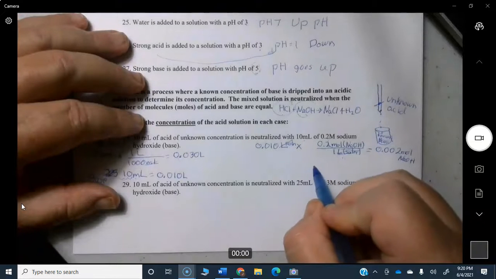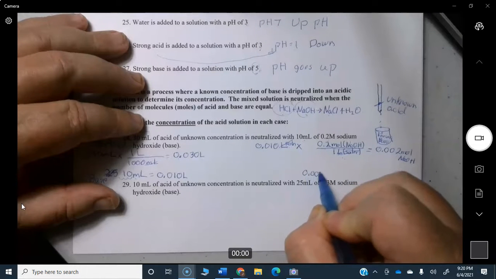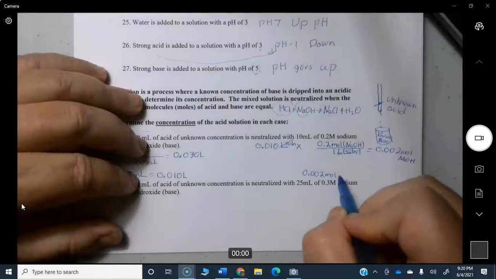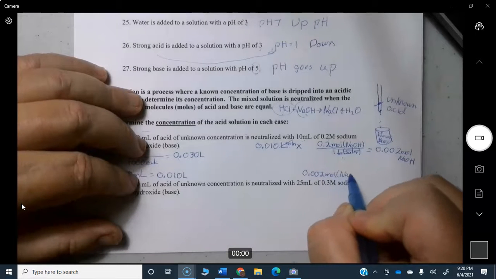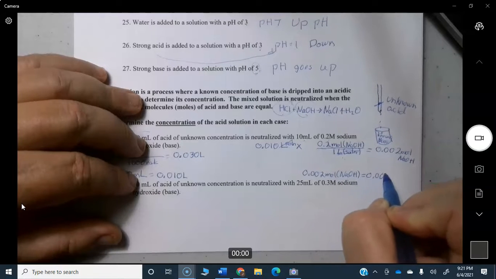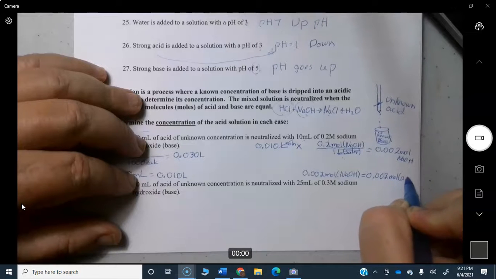Okay, so what you simply have to recognize is that 0.002 moles of NaOH, if it's going to neutralize with the acid, then you have to have 0.002 moles of the acid.